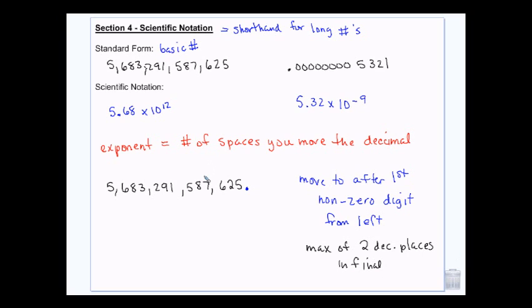So we start here, and I want to move to here, because that's after the first non-zero digit from the left. So I go 1, 2, 3, 4, 5, 6, 7, 8, 9, 10, 11, 12. So I'm moving 12 places, right?